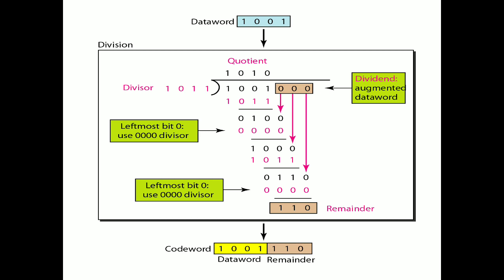So in this way we will divide and obtain the final remainder. The resultant code word we obtain from the CRC is the combination of data word and remainder. So here the result is 1001110, which we obtain as the correct code.